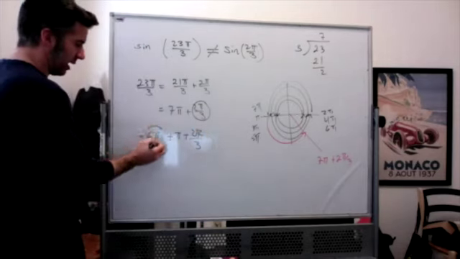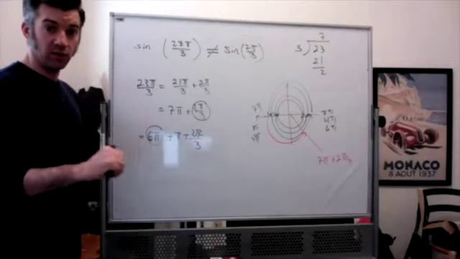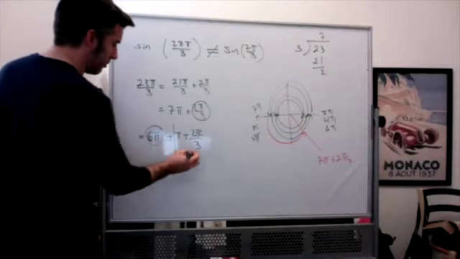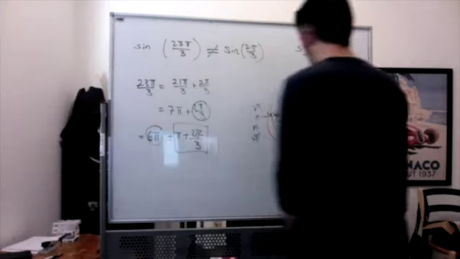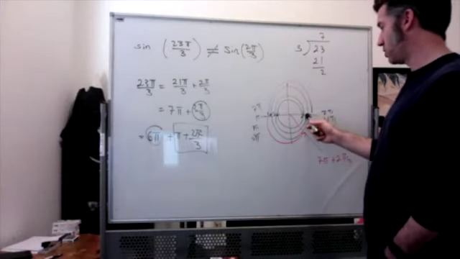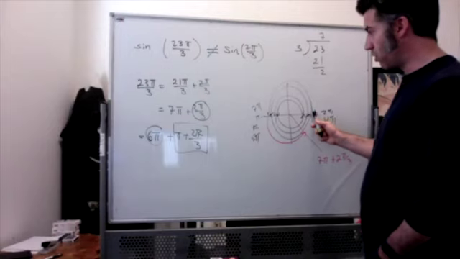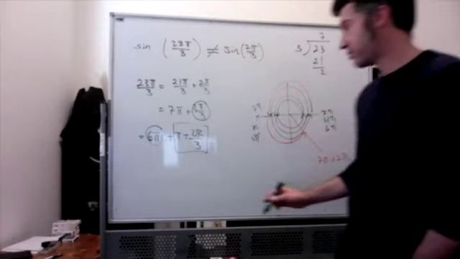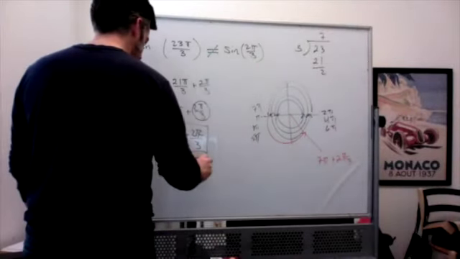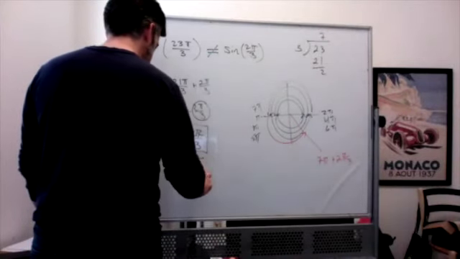So the 6 pi is 3 full revolutions. And then the remaining part is the angle that we actually have to worry about. So you do your 1, 2, 3 revolutions, and then you do your pi plus 2 pi over 3, which this part here is equal to 5 pi over 3.